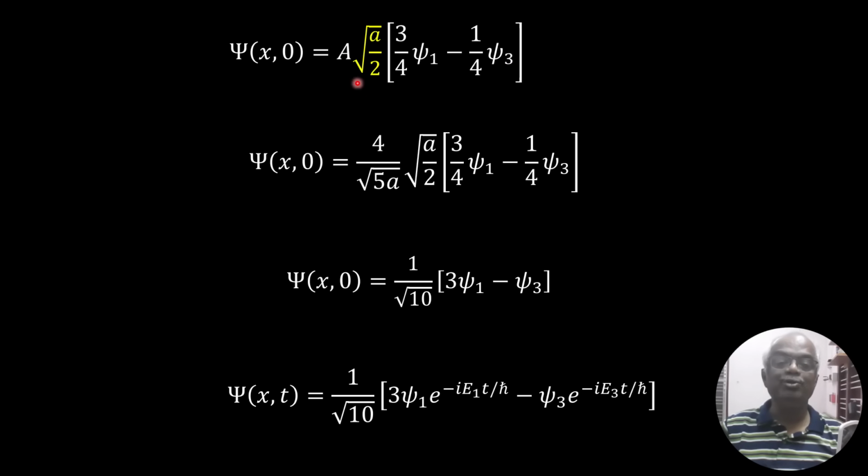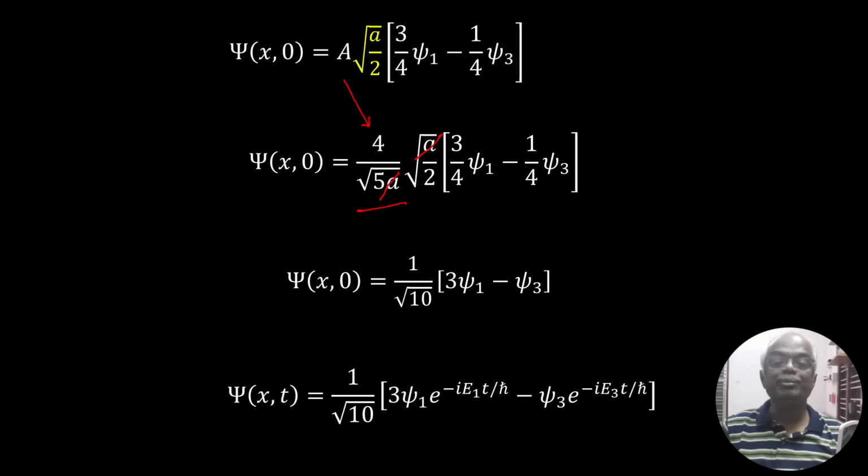Now, we have found that A is equal to 4 divided by square root of 5a. So you replace A by 4 divided by square root of 5a. Already there is a square root of a over 2. Now you can cancel this square root of a and this a.